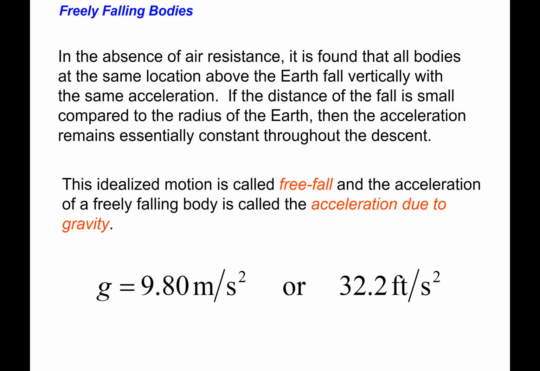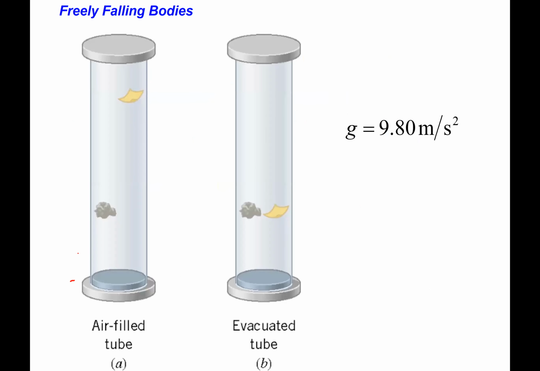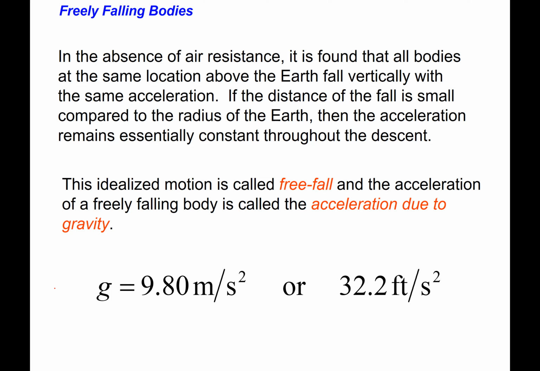So we have this constant acceleration value. This idealized motion is called free fall, and the acceleration of a freely falling body is called the acceleration due to gravity. And therefore, for acceleration, we simply use the symbol g. When you see g, it stands for the acceleration due to gravity.